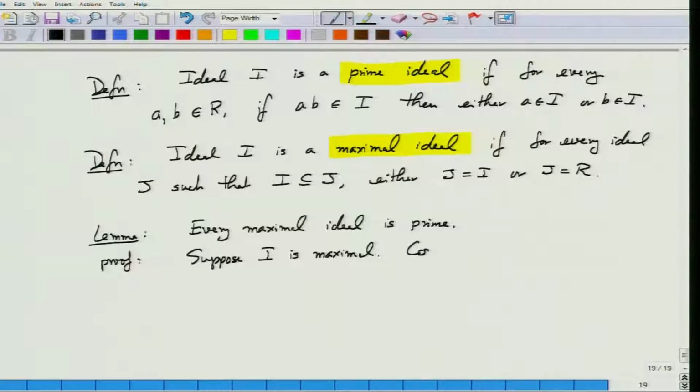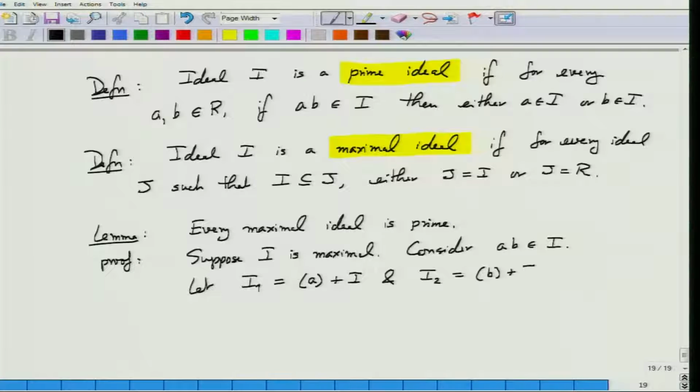So consider a, b, with this product in I. Now let us create two ideals. I1 being the principal ideal of a plus I, and I2 being the principal ideal of b plus I. Both are ideals.